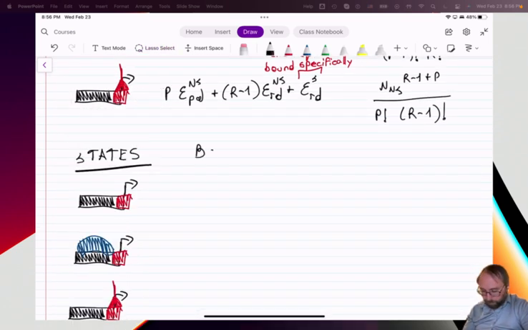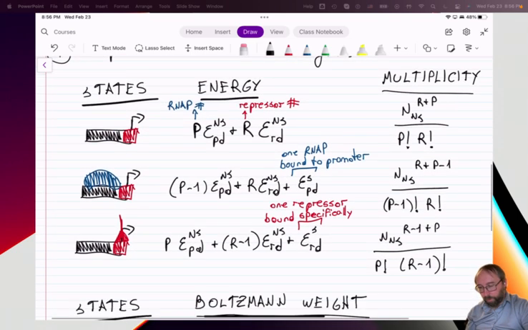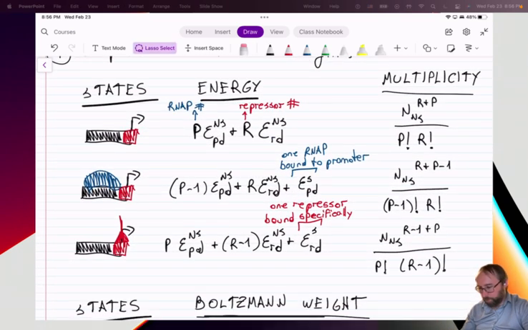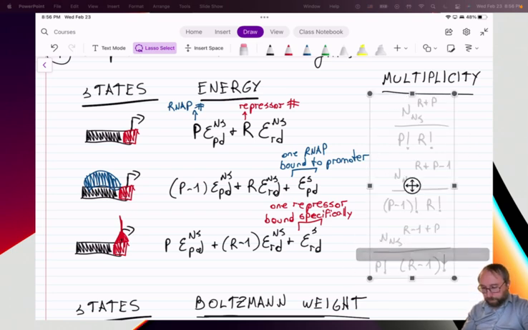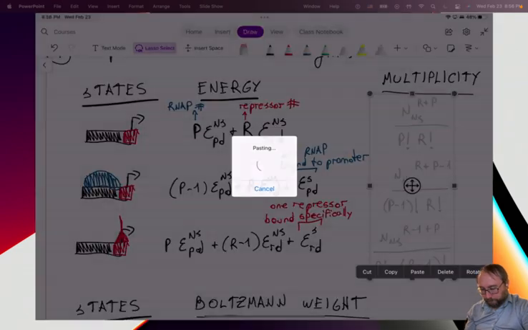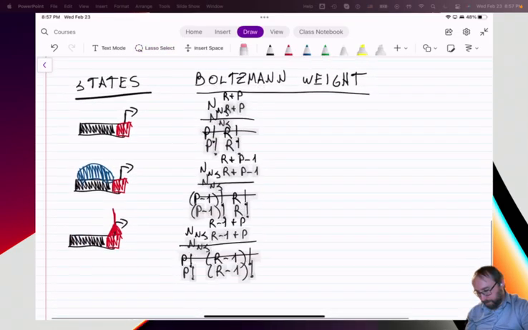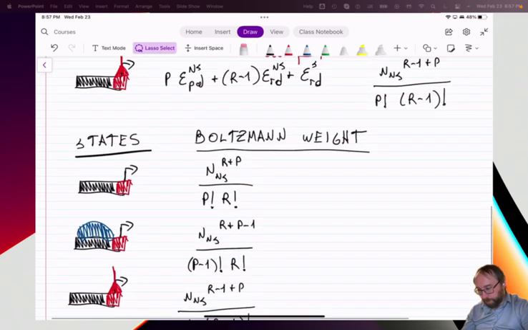So I'm going to do Boltzmann weight. Okay, and what do I do? I multiply the multiplicity times e to the minus beta the energy. Okay, so because I'm kind of lazy, I'm going to grab the multiplicities like this, copy, and now I'm going to do the energy.